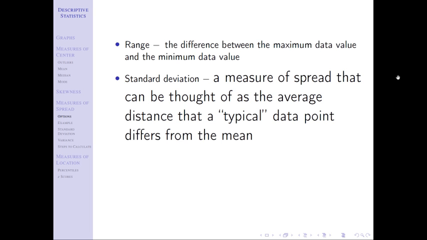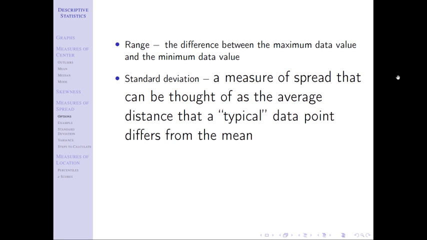So it's a measure of spread. When you hear standard deviation, you're thinking how spread apart are the data values. And when we say standard deviation, we're just saying, okay, how far away is a typical data point from the mean? And it's that simple. When I say that the standard deviation of a data set of heights of trees is 2 feet, then you would say, well, then a typical tree is 2 feet away from the average tree height.